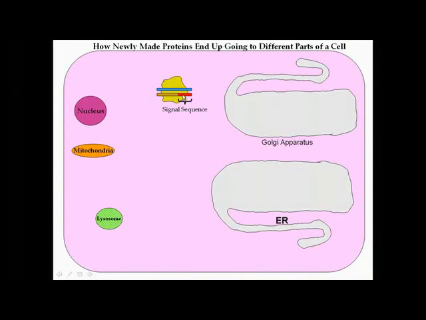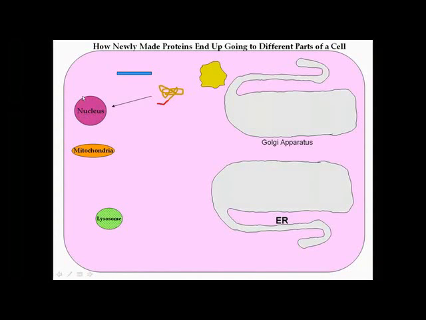One of the things that some particular signal sequences can do is this. In this particular case, this protein has a signal sequence, which means that when it ends up folding, it could end up in one of two places. There are some signal sequences that cause the protein to be delivered to the nucleus of the cell, and there are several reasons why the nucleus might require protein.